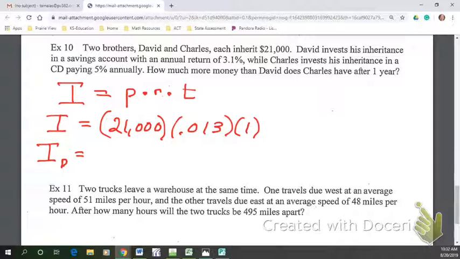Multiply that into the calculator. How much interest money is David going to get off the $21,000? $273. Okay, $273 is how much interest David's going to gain. It should be 651. 0.031.